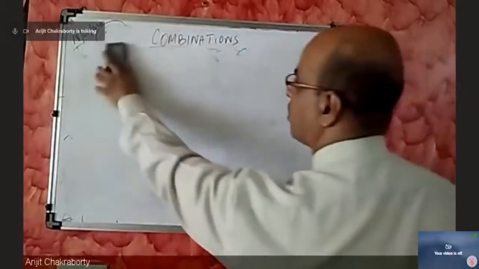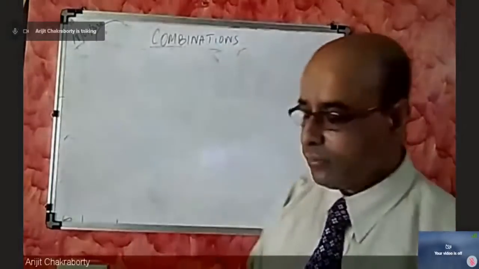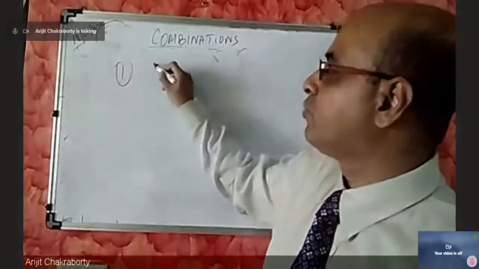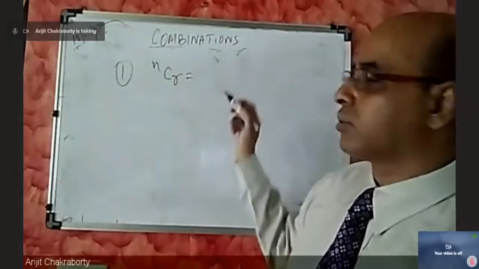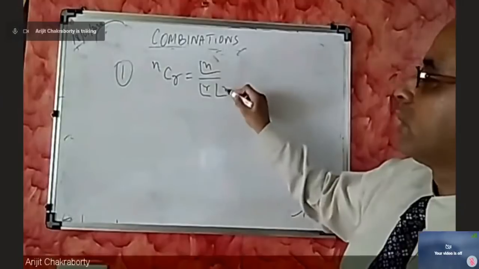So NCR formula, let us see some further formulas. Only 2, very simple. First, NCR is equal to N factorial divided by R factorial into N minus R factorial.